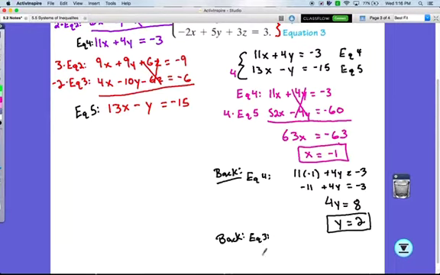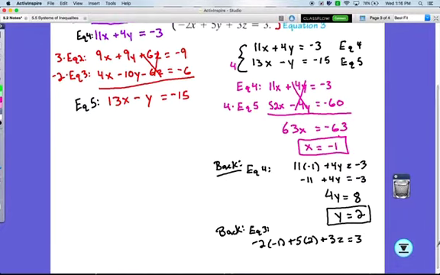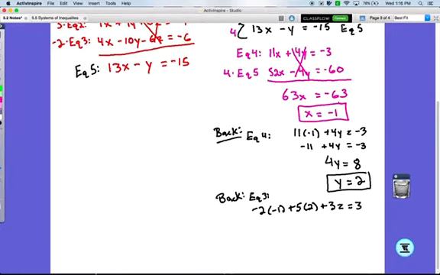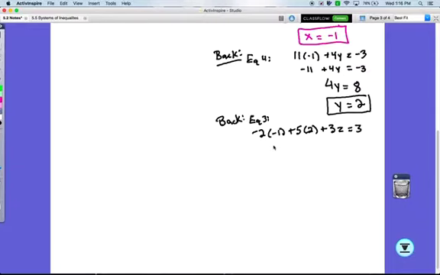All right. Negative 2 times my x value of negative 1 plus 5 times my y value of 2 plus 3z is equal to 3. I'm going to solve for z. All right, so if I multiply through, that gives me 2 plus 10 plus 3z is equal to 3.